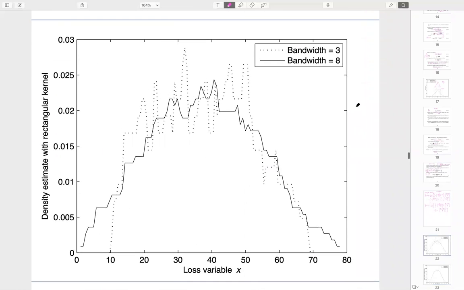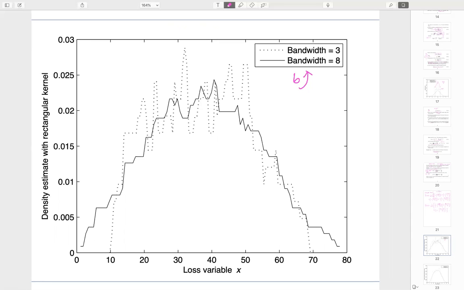This is the graph for different bandwidths. So this is B equals 3, B equals 8. What do you observe? So when B gets bigger, this looks more and more smooth, right? If you can put it that way, because although neither of them is smooth enough, when B gets somewhat big, you get more contribution.